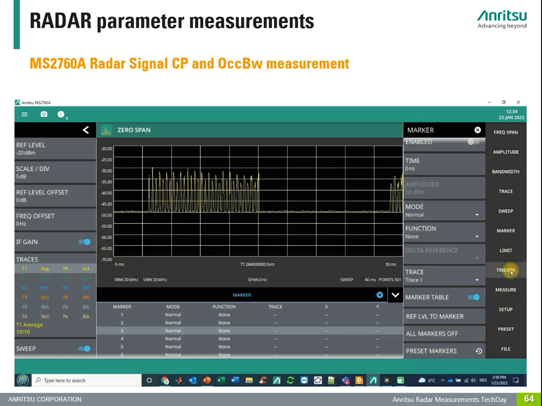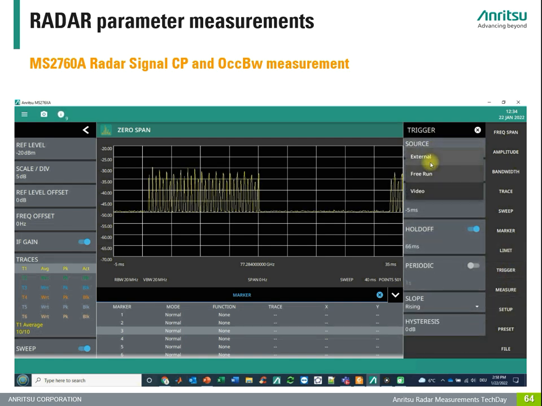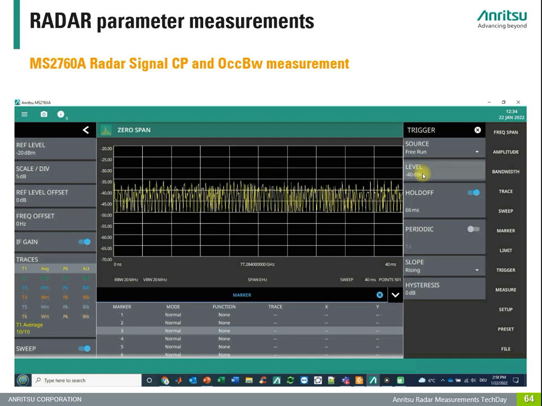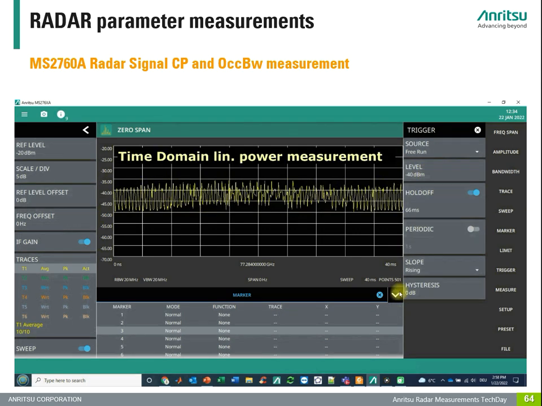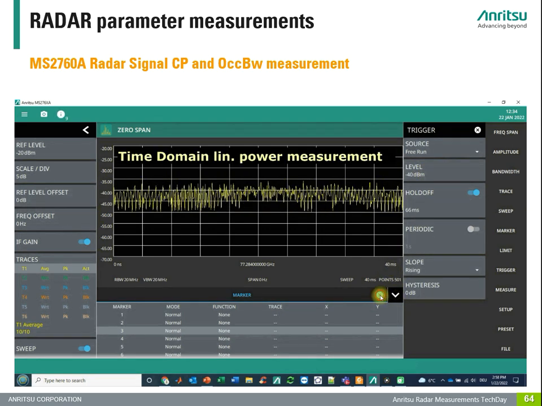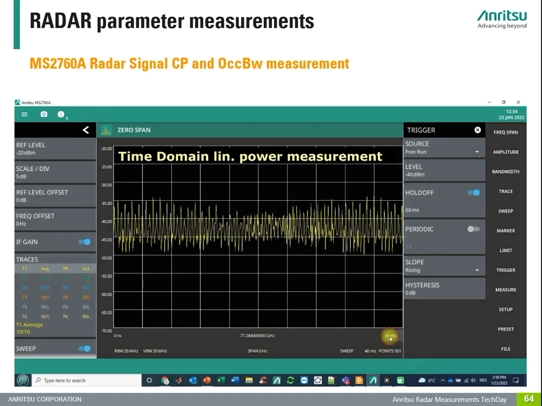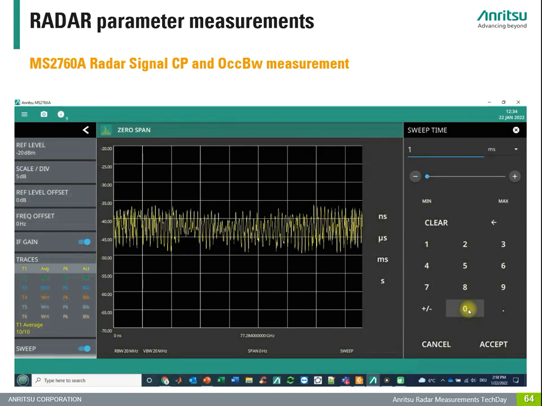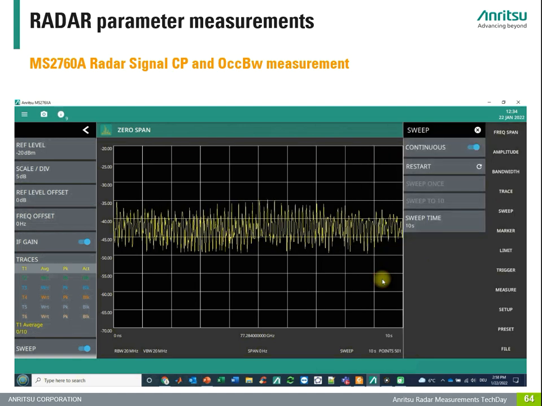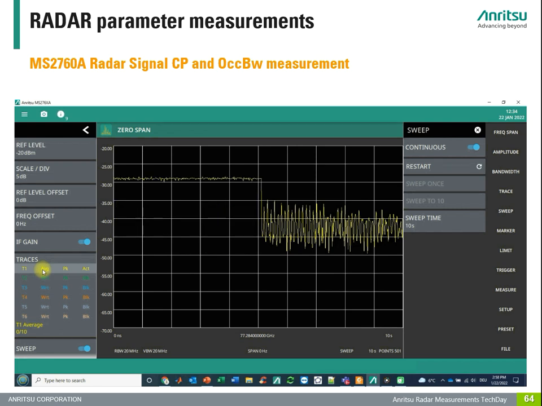We are disabling again the trigger. And now we are setting a quite long sweep time of 10 seconds. And now let's wait for the first incoming measurement readings.